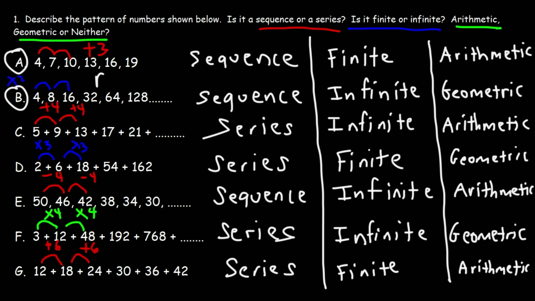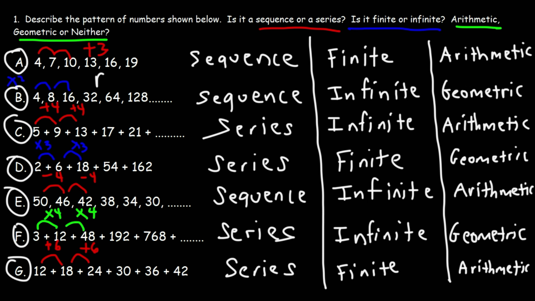Part B, this is an infinite geometric sequence. C, we have an infinite arithmetic series. D is a finite geometric series. E is an infinite arithmetic sequence. F is an infinite geometric series. G is a finite arithmetic series.